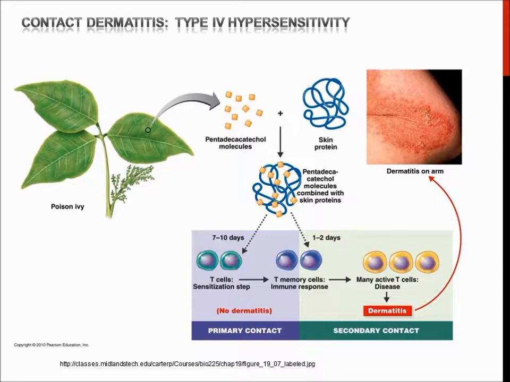Memory cells can remain for years in the human body, ready for quick reaction the next time the antigen is encountered. Cytotoxic killer T cells will kill any cells which are inflamed and have encountered the antigen in the future. When our person has a second encounter, the memory T cells are ready to respond, and they respond with some very specific chemicals.